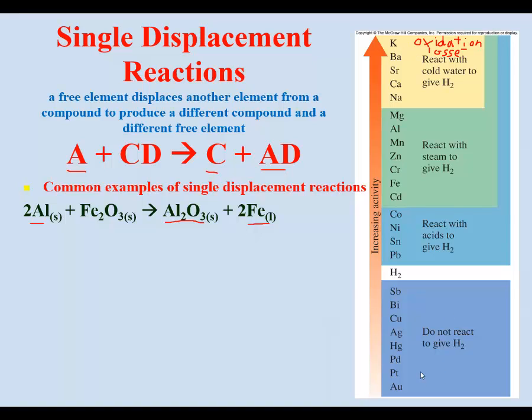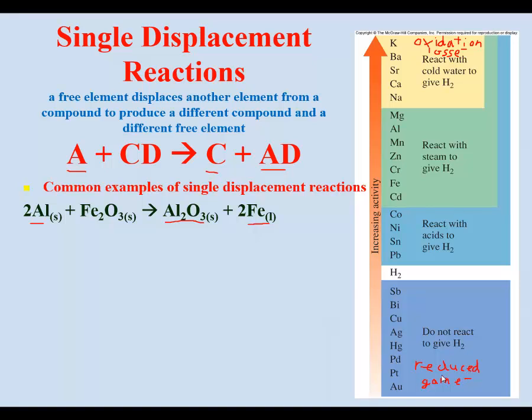The metals lower on the list would like to be reduced. Now the process of reduction, or being reduced, is going to be gaining electrons. Okay, and so if I have a metal low on this list, then we would expect that those metals would prefer to go from cations to neutral metals.